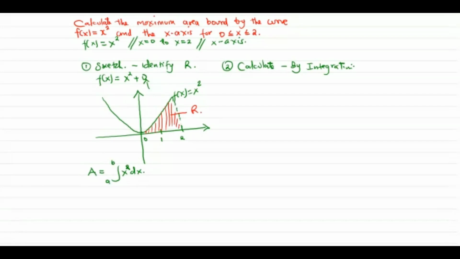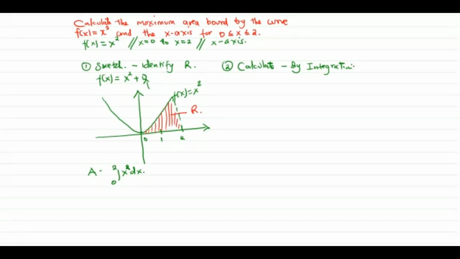Now in our case, we know the boundaries, so we can go and replace them. Our a, which is the lower boundary, is equal to 0. So a there becomes 0, and our upper boundary becomes 2.